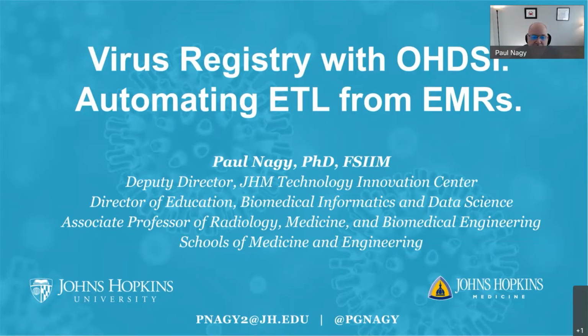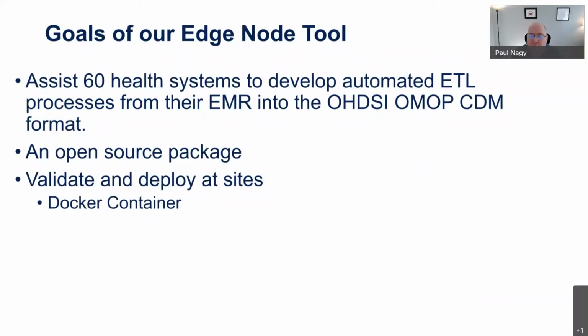We all support a lot of different clinical registries, and it can be very time consuming to do chart reviews to pull out the data necessary for each registry and be able to submit it in a timely fashion. And so this project involved the development of an edge node tool.